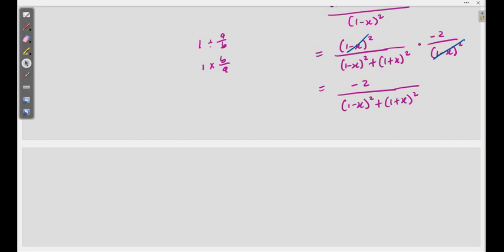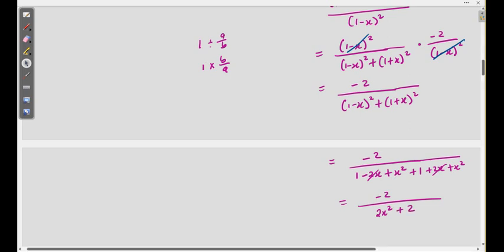Now you can be in a position to try and simplify at the bottom if you feel like something can happen now. So we can say maybe negative 2 all over 1 minus 2x plus x squared, and then here you will have 1 plus 2x plus x squared, so you will have negative 2 all over, this will cancel that, and then x squared plus x squared is 2x squared. 1 plus 1 is what? 1 plus 1 is 2, right?